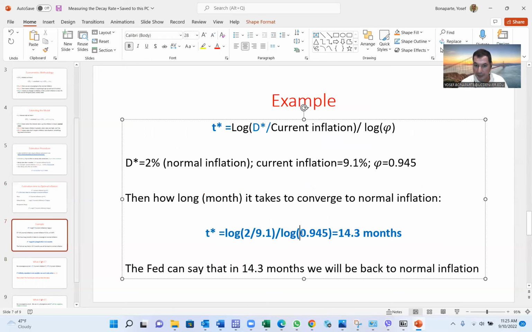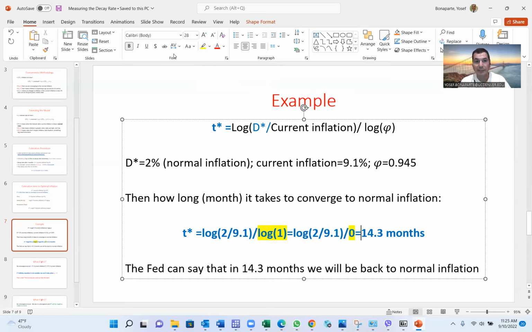So here, if phi is 1, that means you're going to have something divided by log of 1, which is 0. Something divided by 0 is infinity, like a big number.